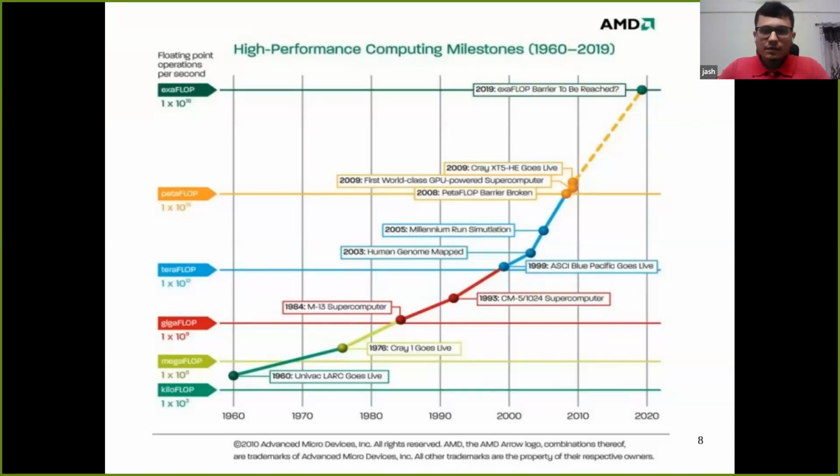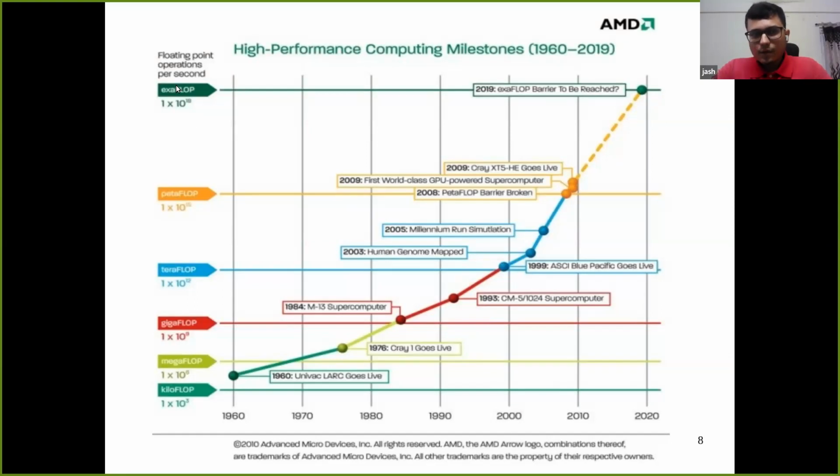So this is the chart which shows the high performance computing milestones. The x-axis shows the years and the y-axis shows the amount of computation that we can achieve. There is kiloflop, megaflop, gigaflop, and so on, up to exaflop.